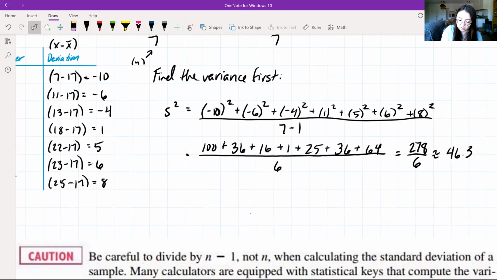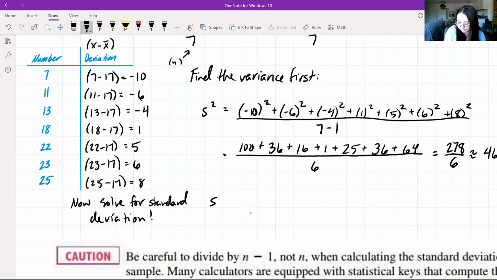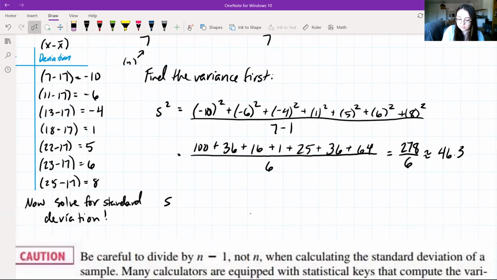So now we want to solve for the standard deviation, which is just s. So s, we know, is just the square root of s squared, and we know that s squared is equal to 46.3.